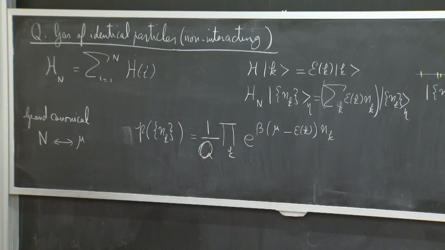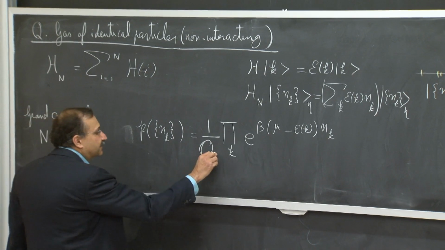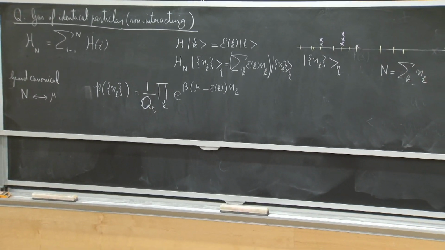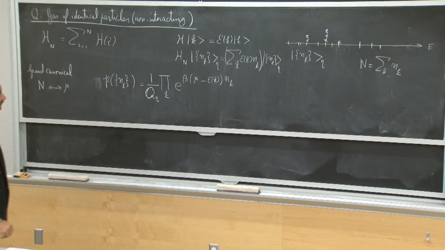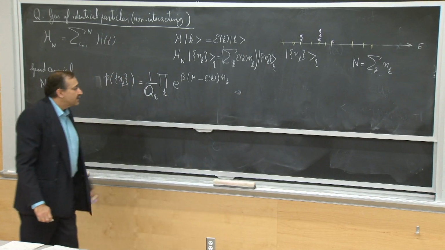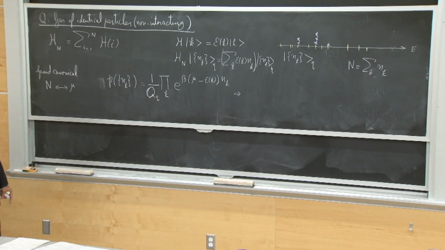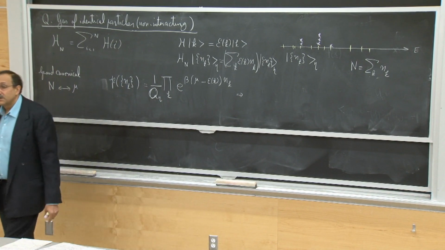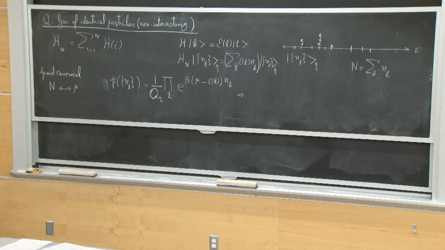Normalization is appropriately called the grand canonical partition function, and will be different whether we are dealing with Bose statistics or Fermi statistics. And actually, because we have a structure such as this, Q is going to be the product of the normalization of each individual one.